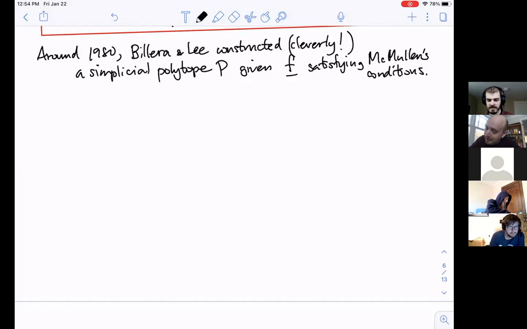And around 1980, Stanley proved the other direction. He constructed the commutative rings that we need.